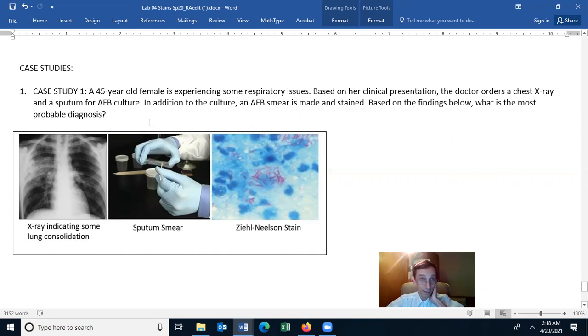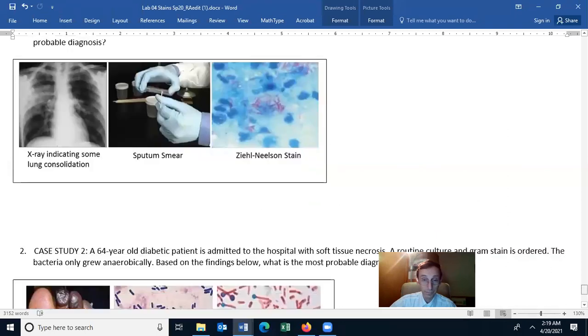And then tell me, what is the most probable diagnosis? And you should tell me the species that is causing the bacterial infection. You can tell me the disease as long as you're specific on which disease it is. But I prefer the bacterial species causing the infection.